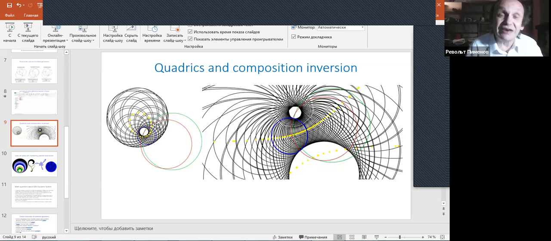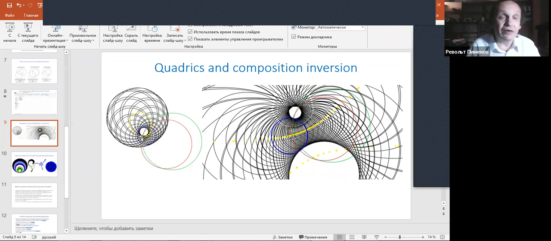We must look at how the center of the circle moves. And where are the centers of these ellipses? In this picture we can see two enveloping circles, and the centers of these enveloping circles are the two foci of these ellipses.